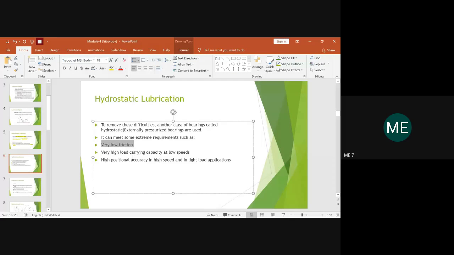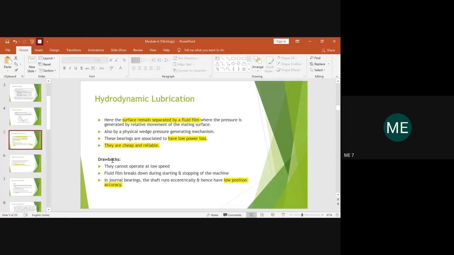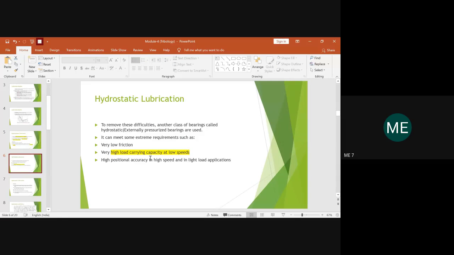Second, it has a high load bearing capacity even at low speed. This was a major drawback in hydrodynamic lubrication, right? This was overcome by hydrostatic lubrication, where you can run the journal bearing even at low speed and have high load carrying capacity. This is a very good plus point of hydrostatic lubrication.